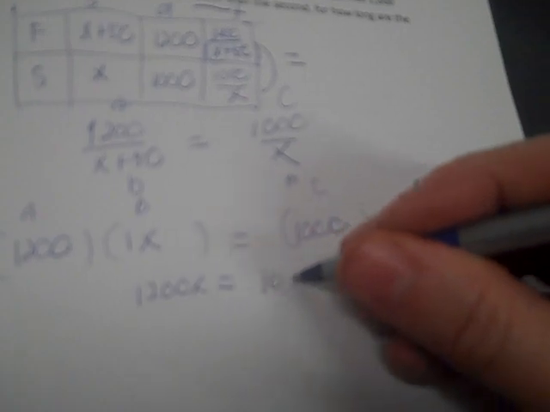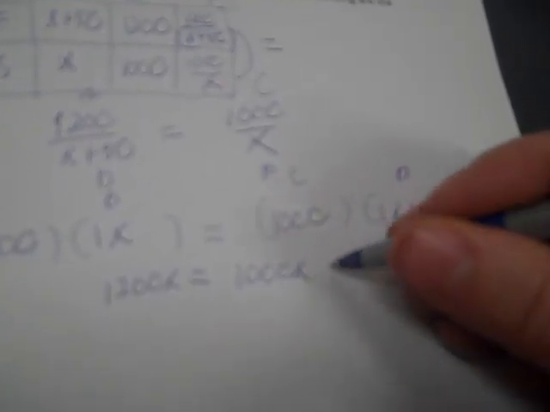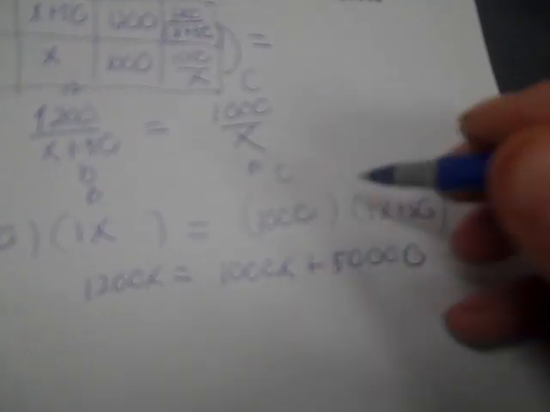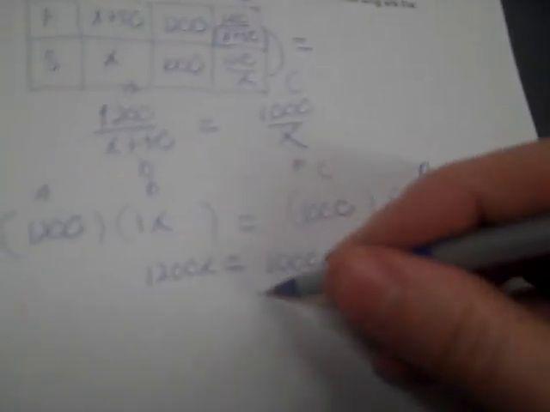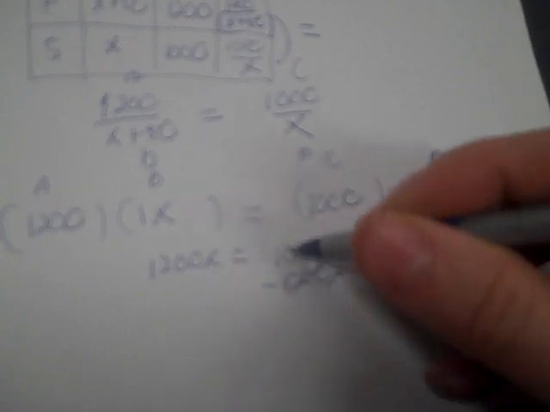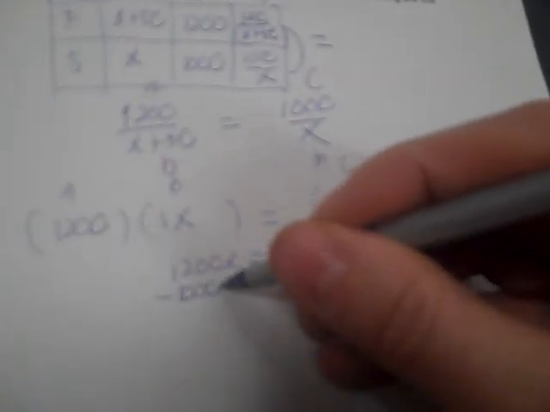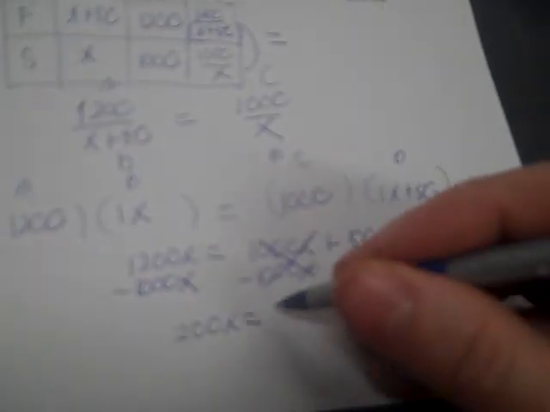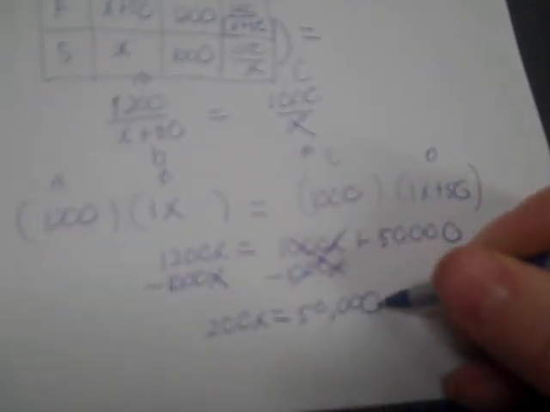So that's 1200x. The other side you have 1000x plus 50,000, 1,000 times 50. So collect your x's on one side. So that's 200x equals 50,000.